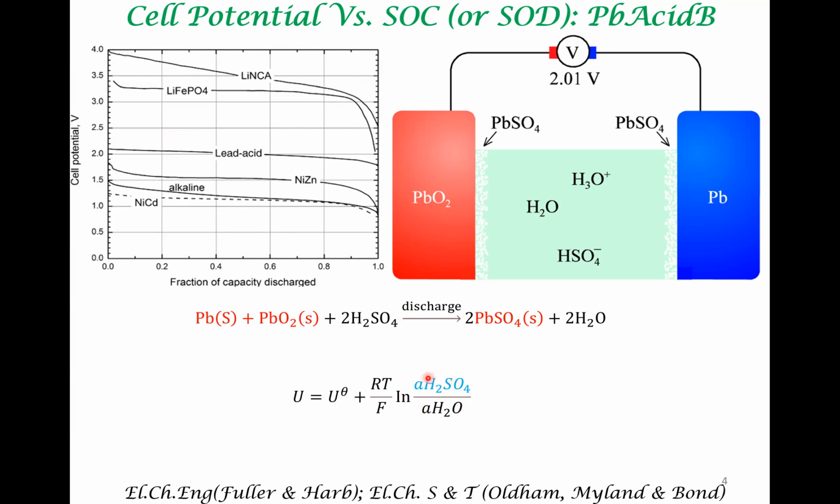These two thermodynamic factors can be correlated to potential. This is also useful for empirical measurement of state of charge. If I just measure the density of the electrolyte, which gives me a measure of the concentration of H2SO4, I can correlate it to the potential of a lead acid battery.